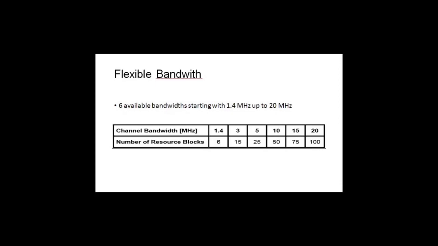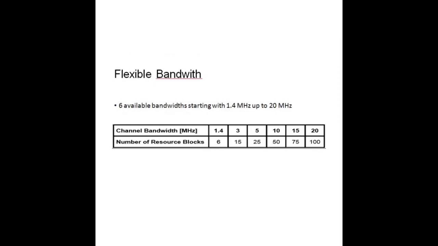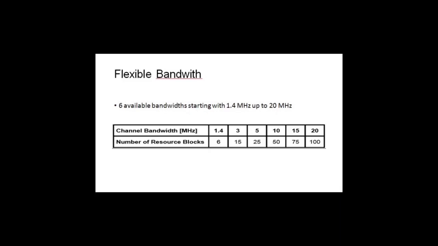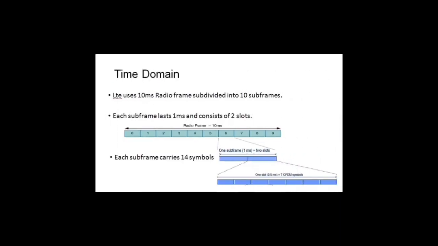For each bandwidth, we have a corresponding number of resource blocks ranging from 6 to 100, knowing that one resource block consists of 12 subcarriers with 15 kHz spacing. So each resource block is equivalent to 180 kHz in the frequency domain. To be noted that LTE is developed to support both paired and unpaired spectrum.